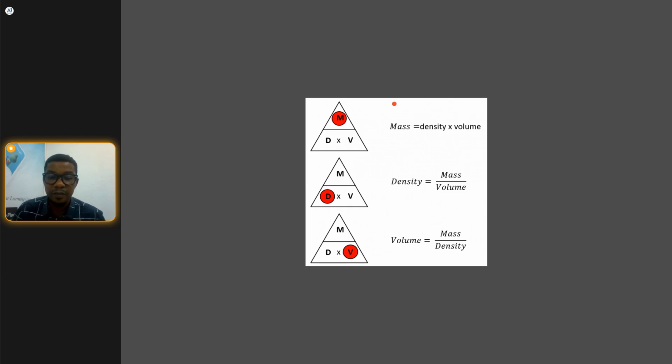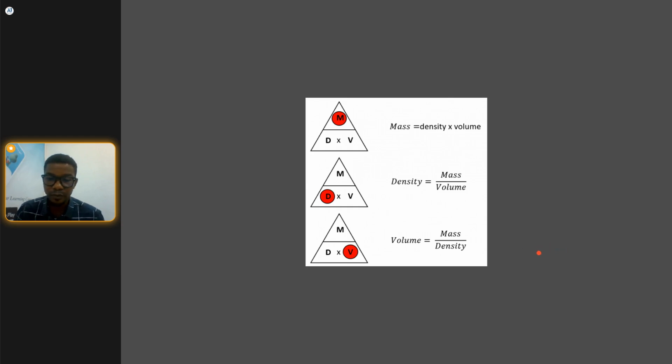We have mass equals density times volume. So if I'm asked to find the mass, I'm going to multiply density times volume. If I'm asked to find density, it's going to be mass over volume. And if I'm asked to find the volume, it's going to be mass over density. So these are the three formulas we have under the formula of density.